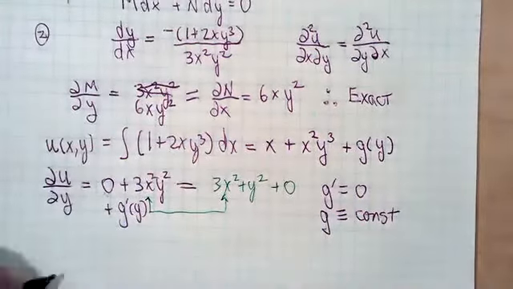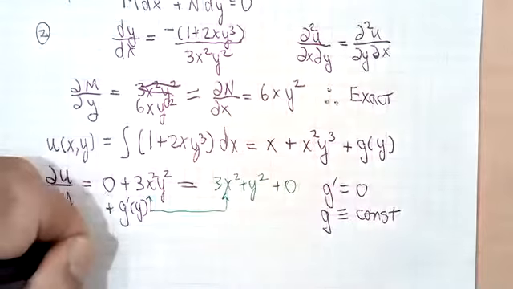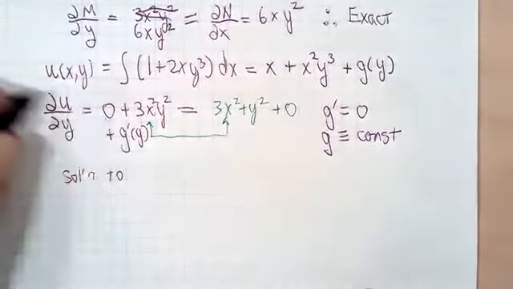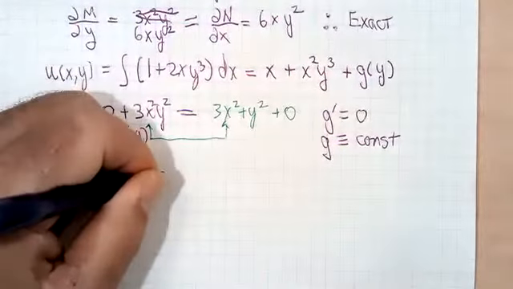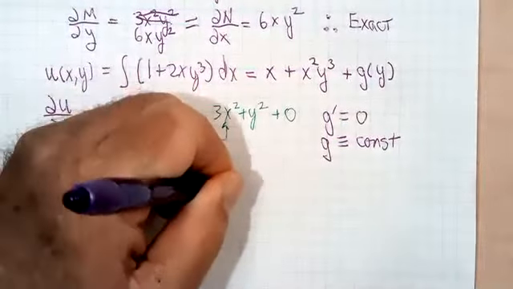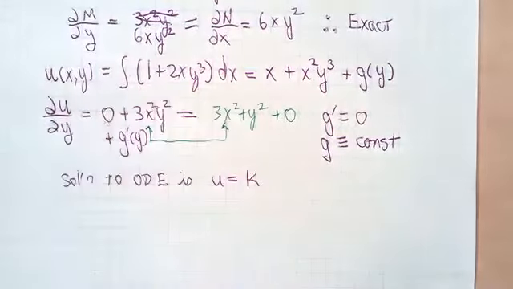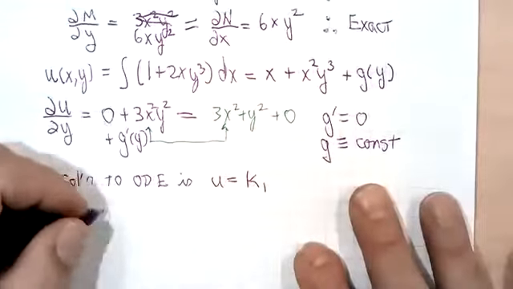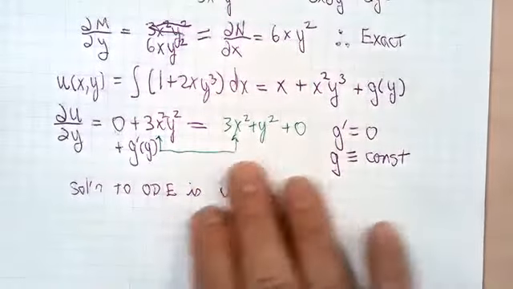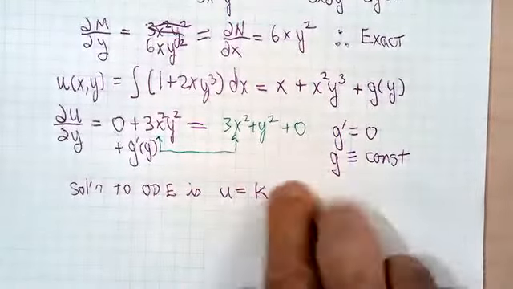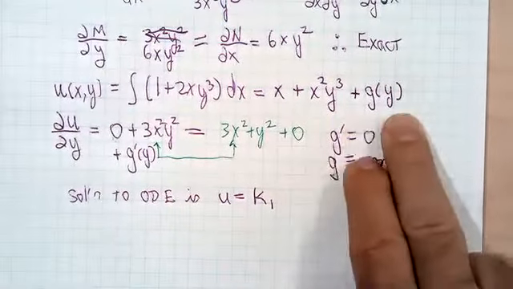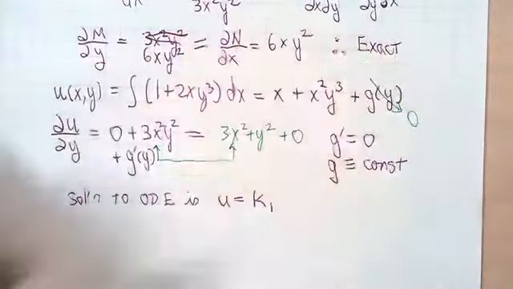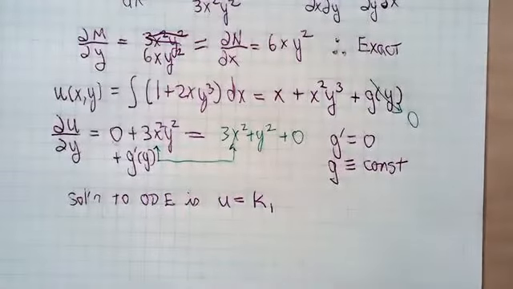That means that the solution to the ODE is u equals a constant. Well, let me, in this case, say K1, and then I'll write down what u is. We just computed u. It is this thing right here, except we've now discovered that this g is just a 0 or a constant.